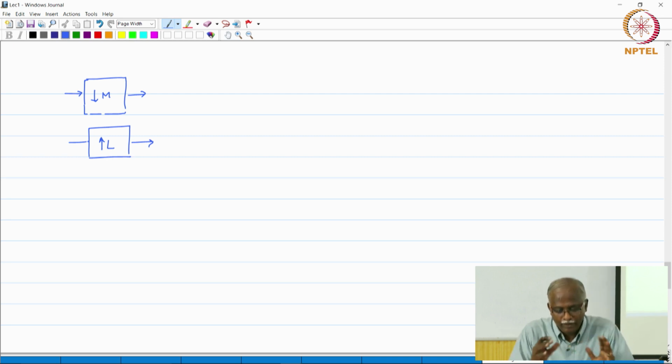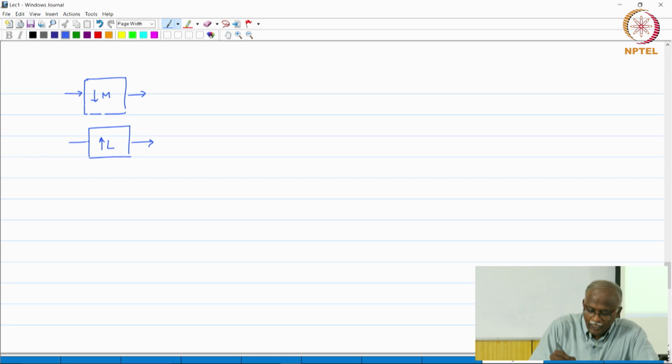Even if you are not very familiar with these notions, this is what we will be building up on, because this is what allows us to change the sampling rate. And we will look at some of the ways by which we can derive these structures very efficiently, and how we can utilize them. I would like to leave you with the following question.